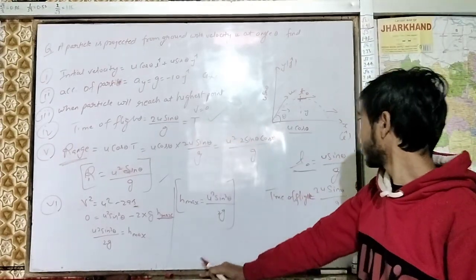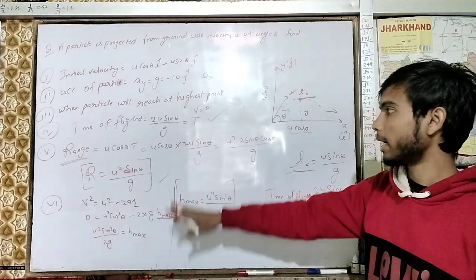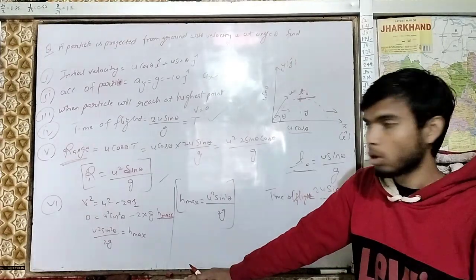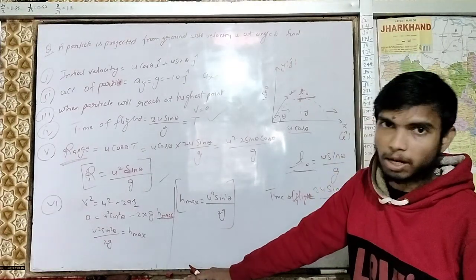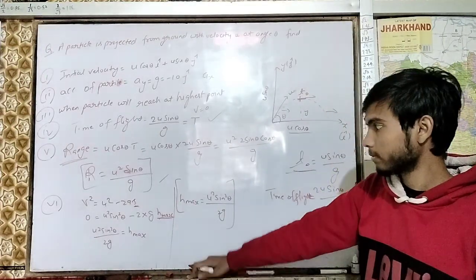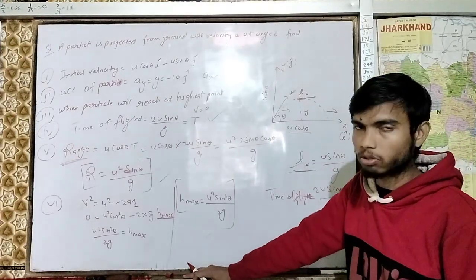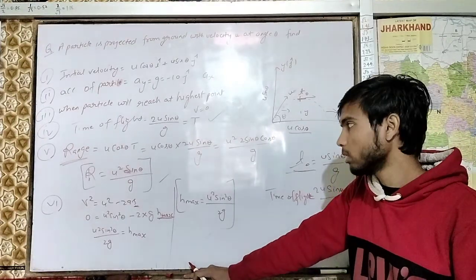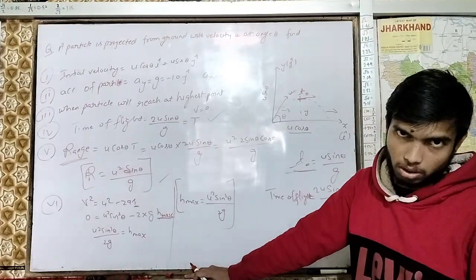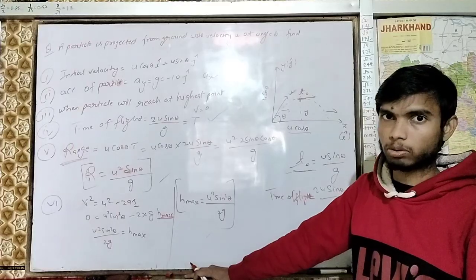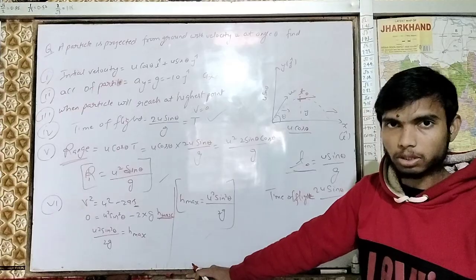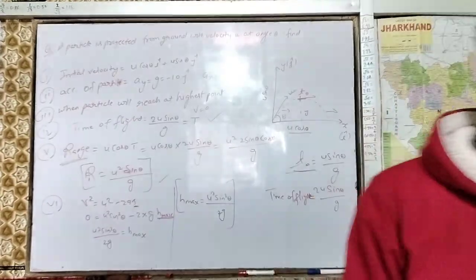For maximum height, u square sin square theta upon 2z. These are some equations that are new, and all of them came from the previous equations of motion. It's not completely new, but a little bit new. These equations will be used according to the situation.